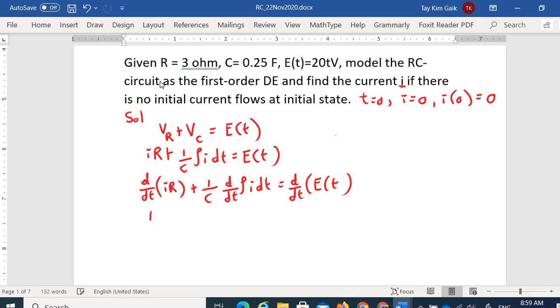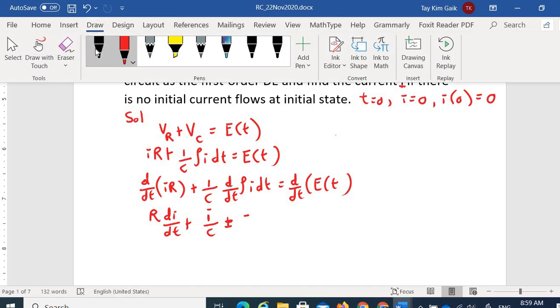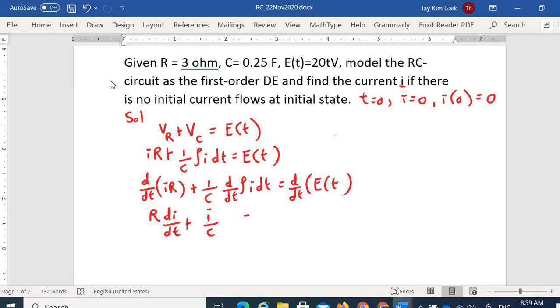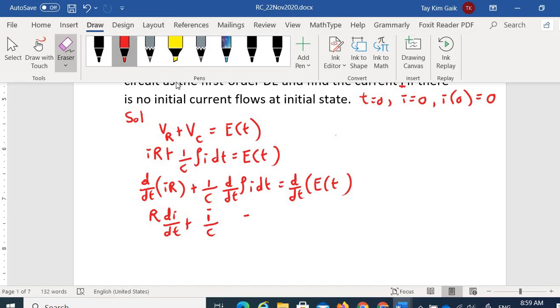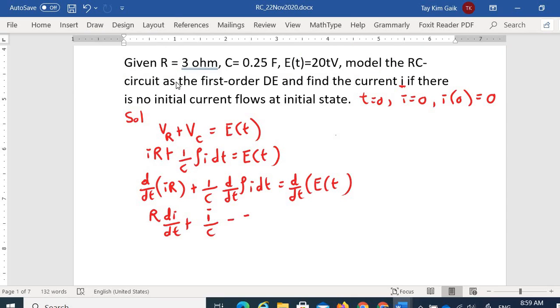R is constant, so we factor out R. So d/dt of I is di dt. d/dt of the integral of I dt, you get I. This is equal to E prime t.